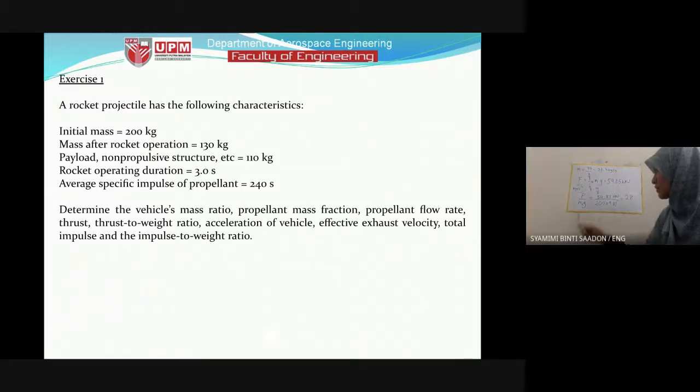And the thrust to weight ratio for final. This is for initial mass 200, for final 130. So just the same calculation, 54 kilonewton divided by 130, the final mass, times the gravity acceleration 9.81. So you have around 43. Because it is Newton over Newton, there's no unit.